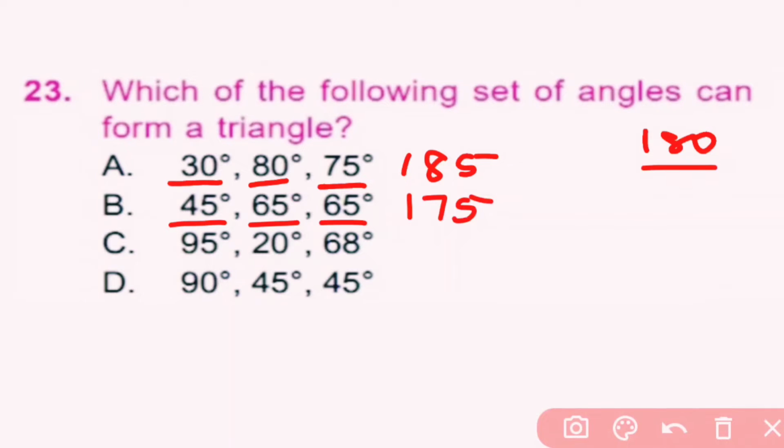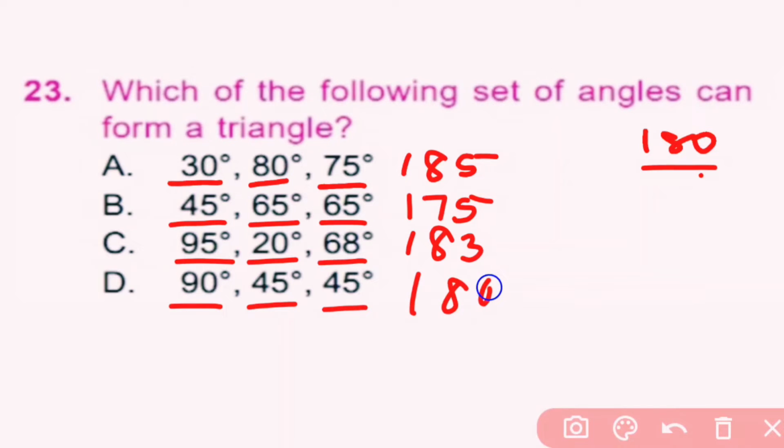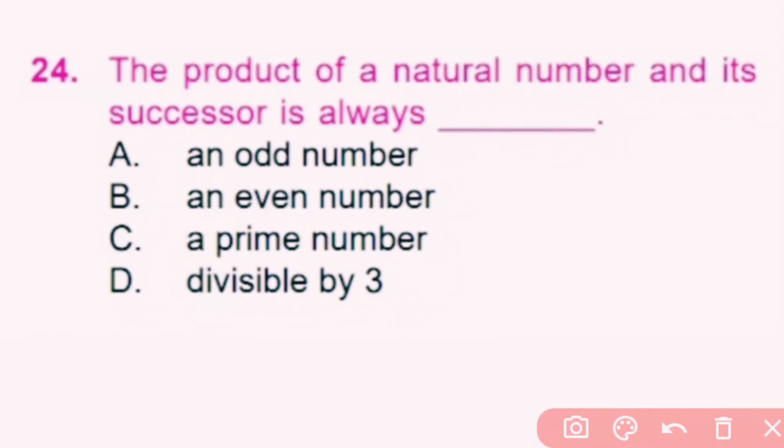In option C, the addition of 95, 20 and 68 is 183, which is also greater than 180. In option D, the addition of 90, 45, 45 is 180. So option D can form a triangle. D is the correct answer.